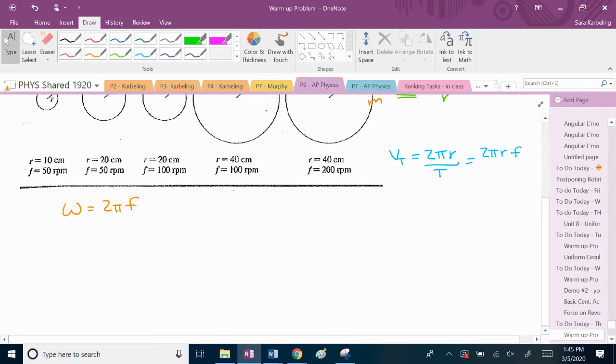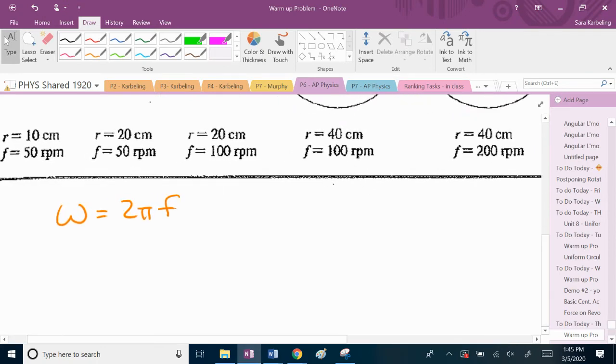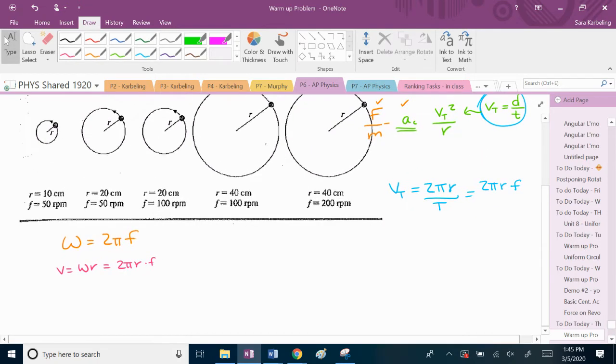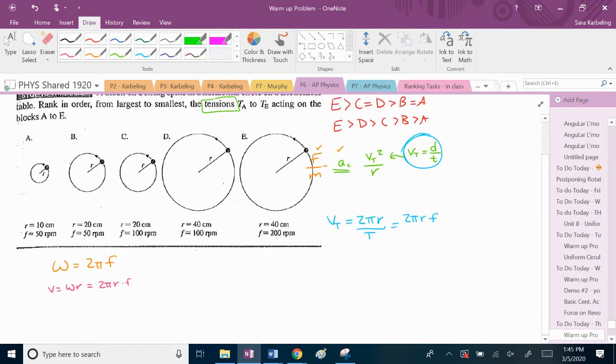That comes back from the rotational stuff that we did a while ago. And then I know that v is equal to omega r, so it's 2 pi r times f. It's all the same deal. The reason I wanted to show that to you is that you can come at this from different angles and it all works. There are lots of ways to approach this question.